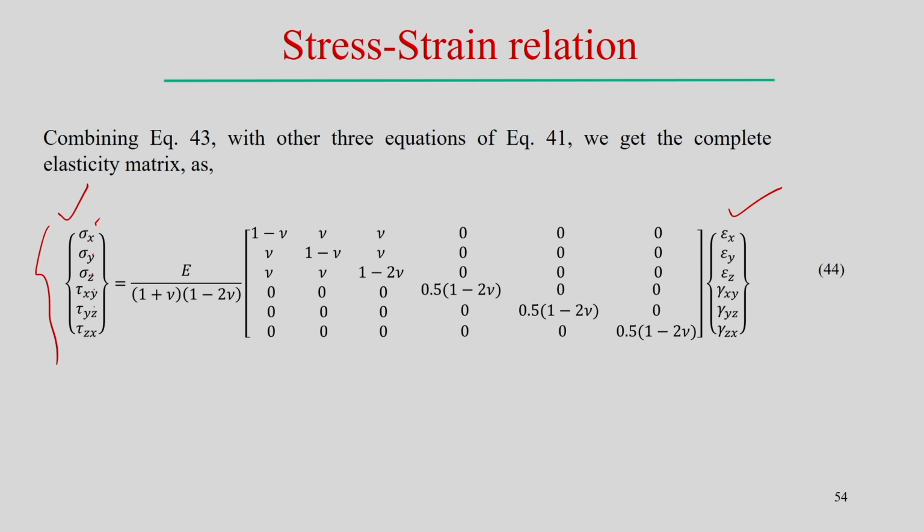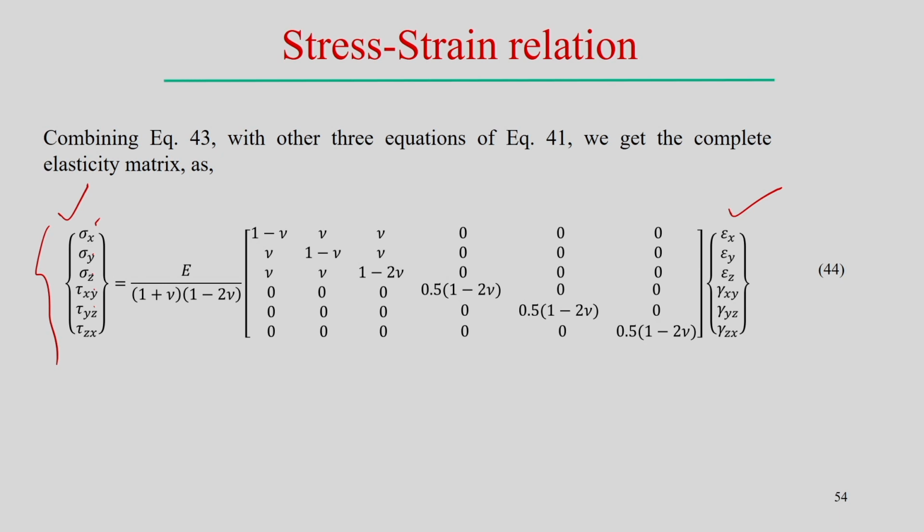There are 3 material properties here: the Young's modulus, the Poisson's ratio, and the shear modulus. But we have a relation between the shear modulus, the Poisson's ratio and the Young's modulus. Once you use this relation, the shear modulus in terms of the Young's modulus and the Poisson's ratio, then finally we reach all these expressions in 2 different properties, one the Young's modulus, the other the Poisson's ratio.